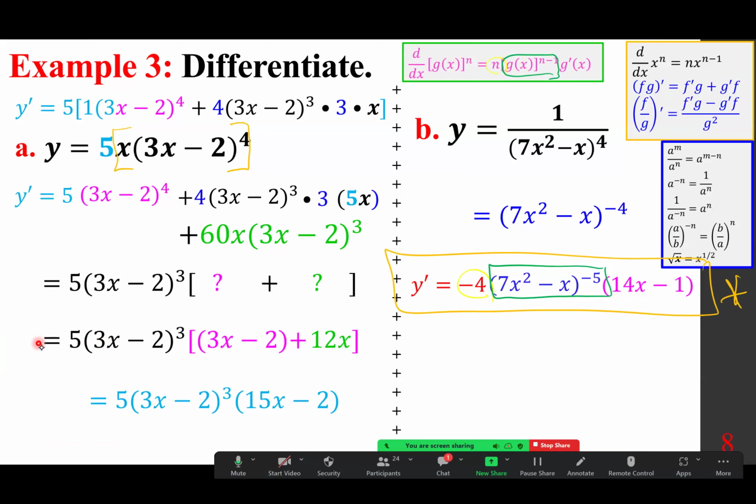So to do the algebra, basically, you take this expression down and you make it to the power of +5. So -5 changes to +5. And that's a must. You have to do that.